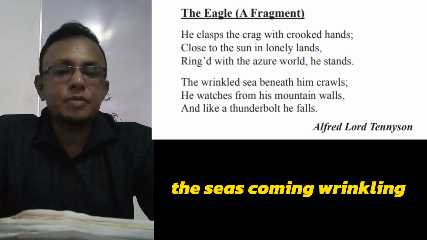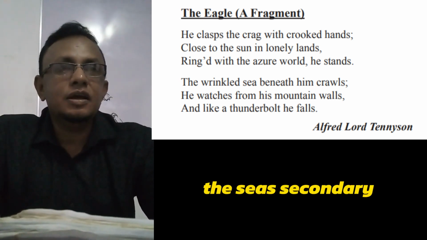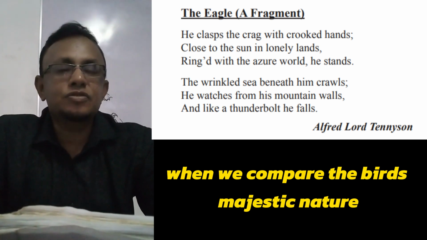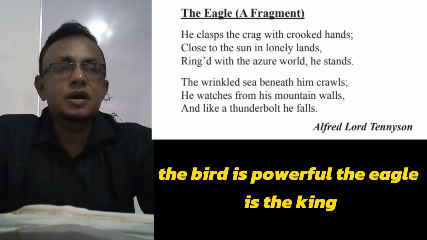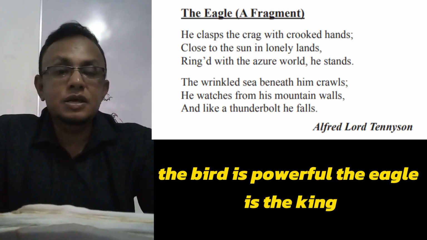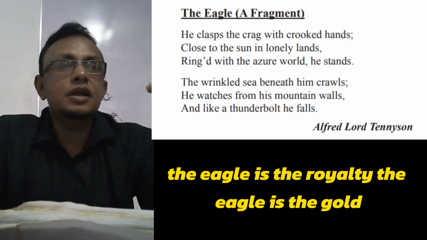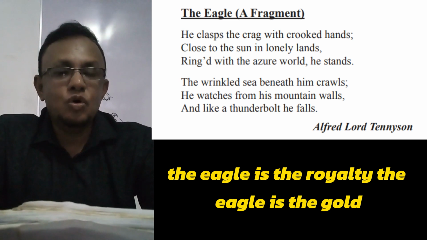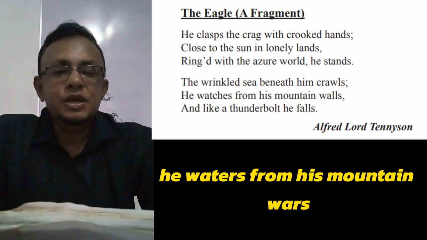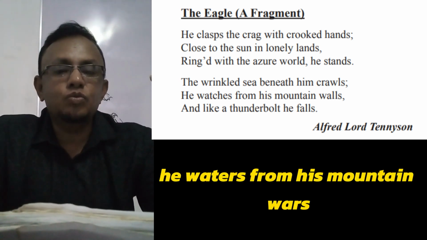The sea is wrinkling. The sea is secondary when we compare it with the bird's majestic nature. The bird is powerful, the eagle is the king, the eagle is the royalty. He watches from his mountain walls.